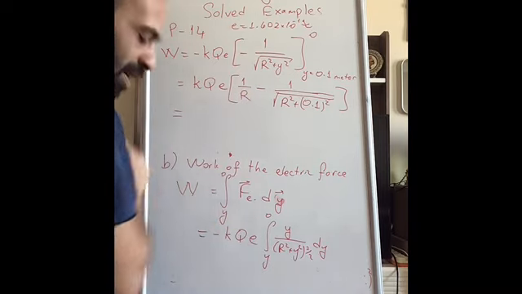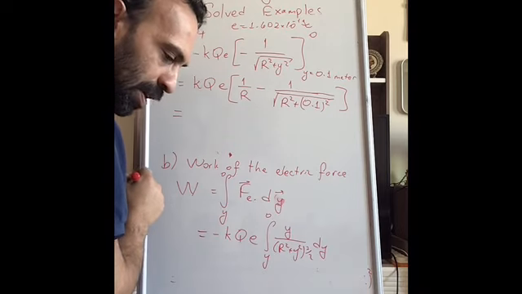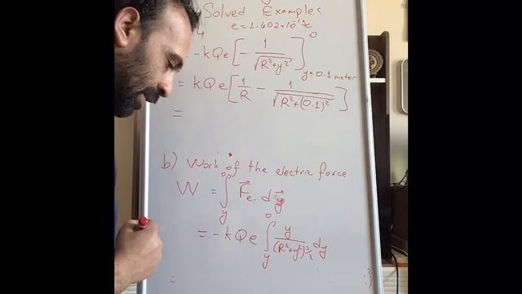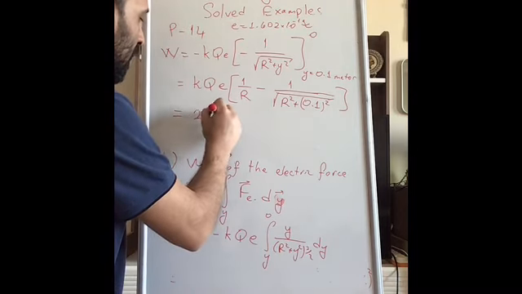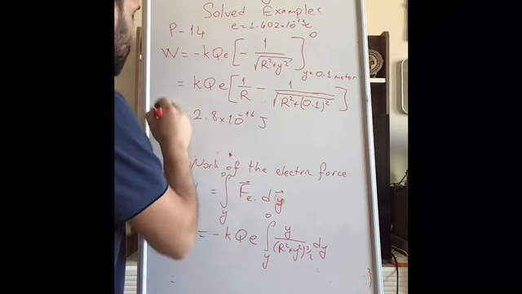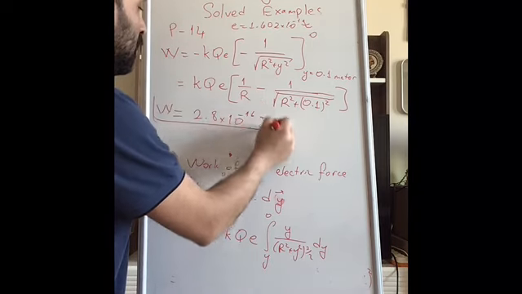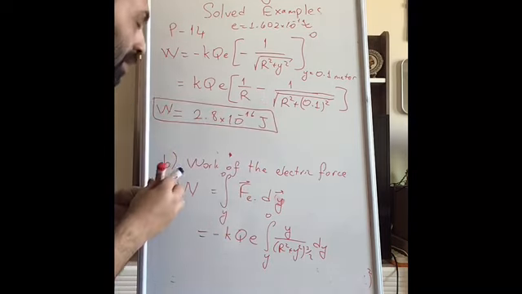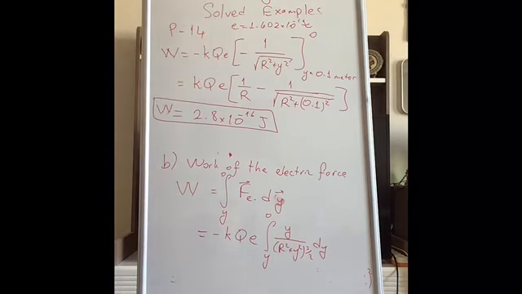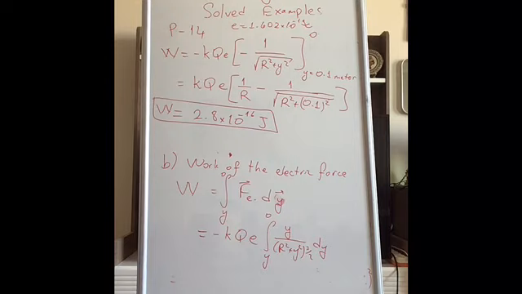And if you plug the numbers into your calculator, you will find the work done by the electric force is about 2.8 times 10 to the minus 16 joule. This is the work done by the electric force when the electron is moving in the electric field of a ring.